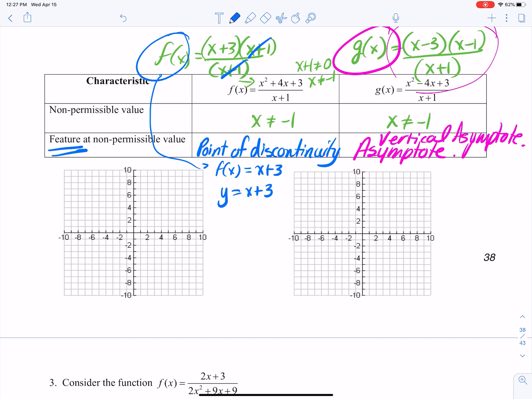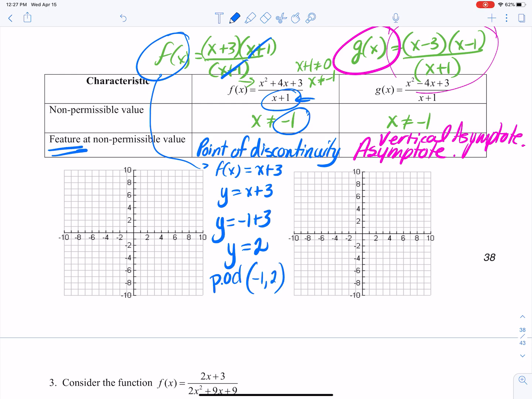Now I'm going to put in my non-permissible value generated by that factor that canceled out. So I'm going to end up with y is equal to negative 1 plus 3. So y is equal to 2. So my point of discontinuity is going to be at negative 1 and 2.